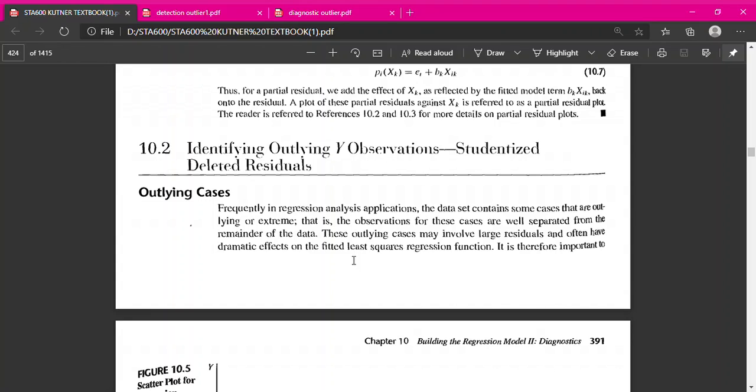Okay, so that point tadi dinamakan influential observation. So influential observation ni adalah daripada outlier cases. Tapi outlier tak semestinya influential observation. Influential observation adalah outlier, tapi outlier tak semestinya influence observation. So kita kena check dulu that outlier yang kita ada tadi tu adalah influential observation or not.